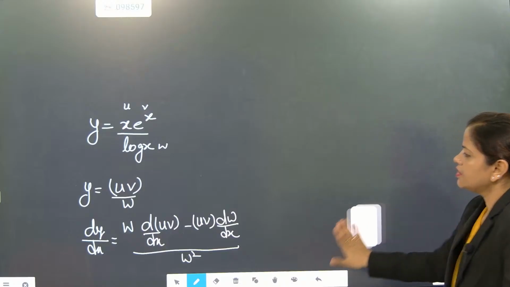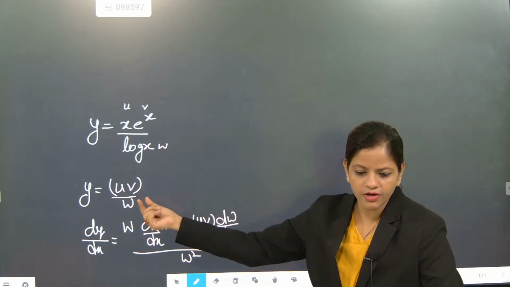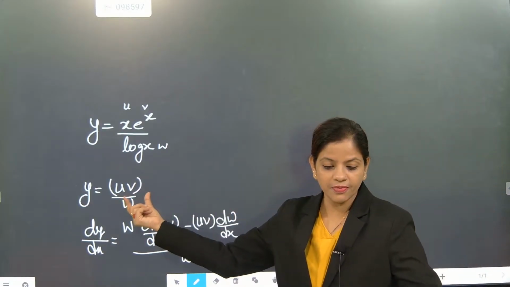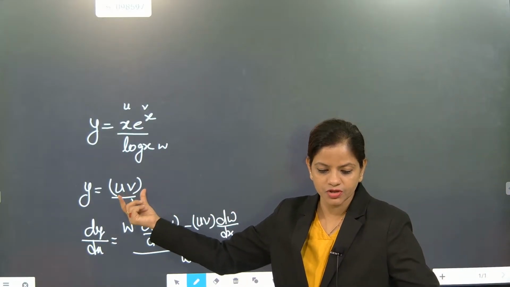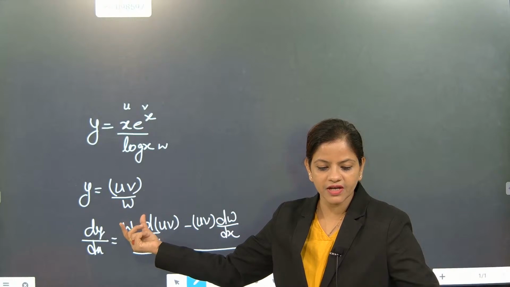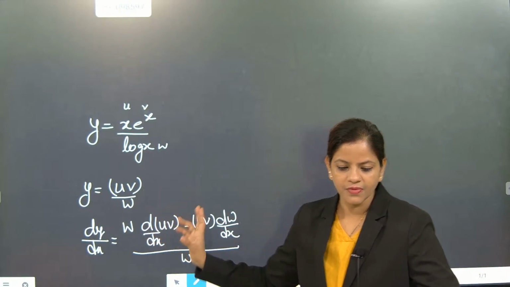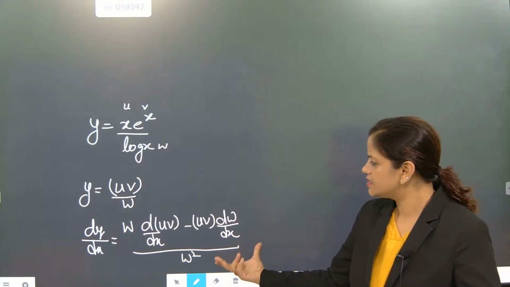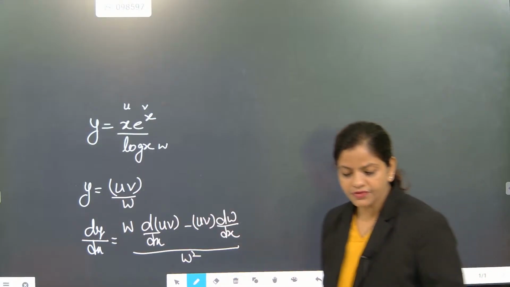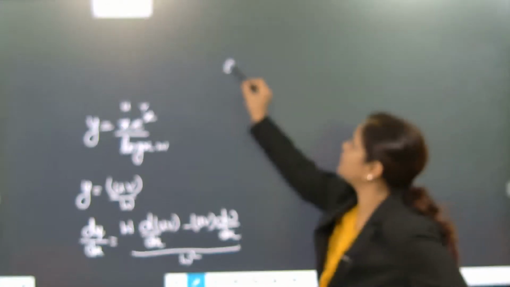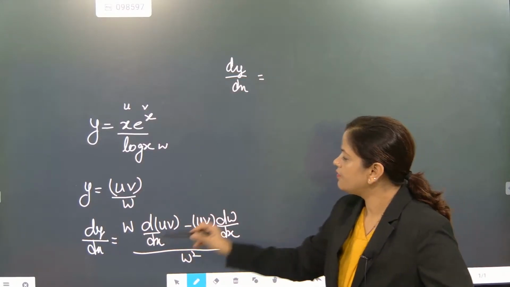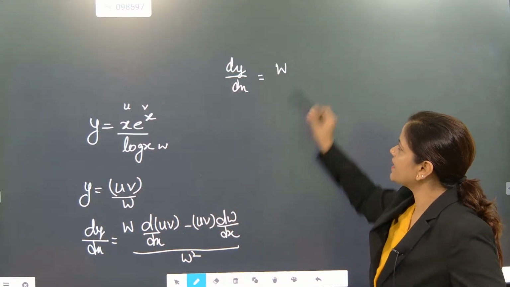Now look here. Here u and v are two different functions, but I did not separate them first. First I took this as numerator, and this part I have taken as denominator. After that, we have used the u by v differentiation. After this step, dy by dx is equal to v, w will be as it is.